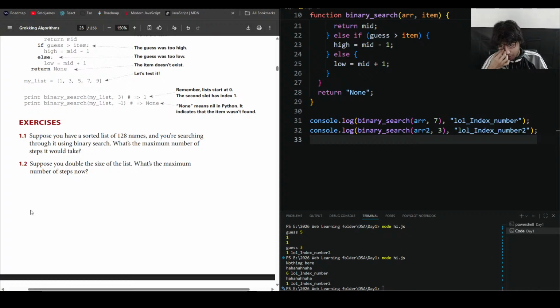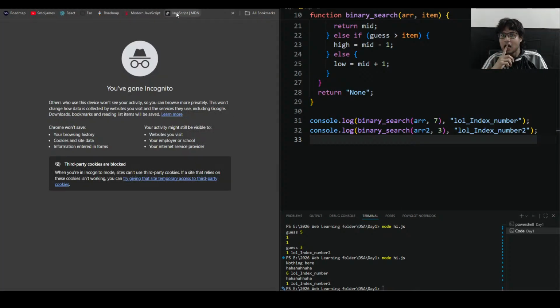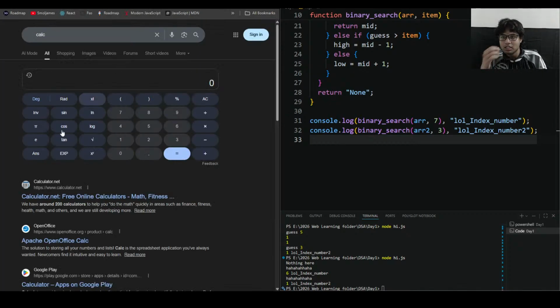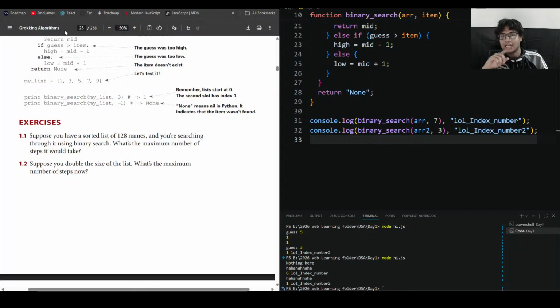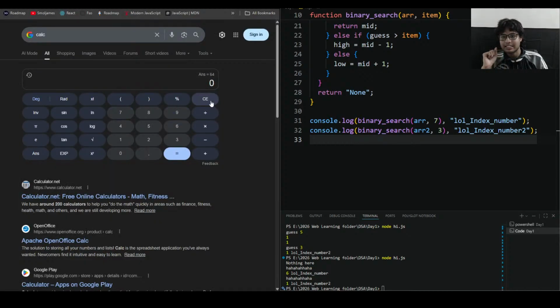What's the maximum number of steps it takes? 128 divided by 2 is 64. Or if you multiply 128.